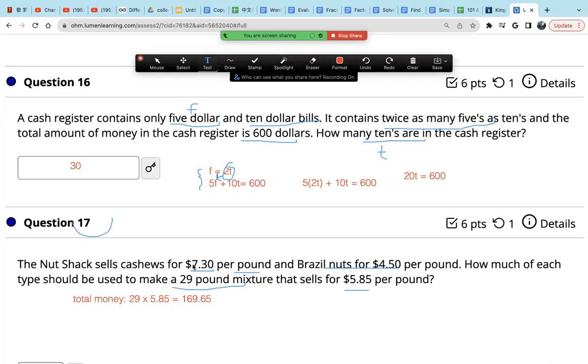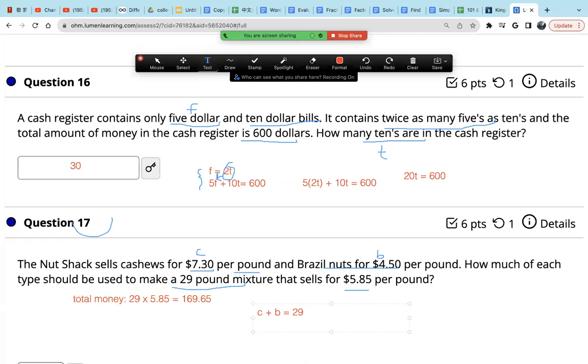Now, each pound of cashews is $7.30. Let's call cashews C, and the Brazil nuts B. So we can form an equation. The total is 29 pounds, so C plus B equals 29. That's the first equation.